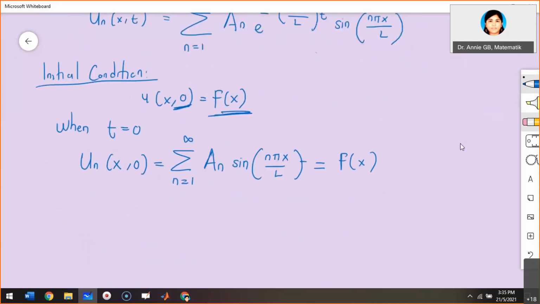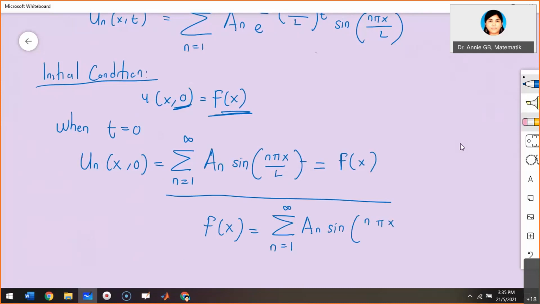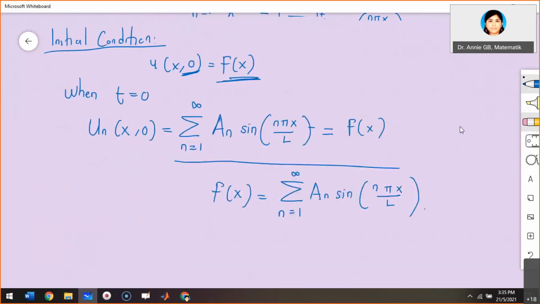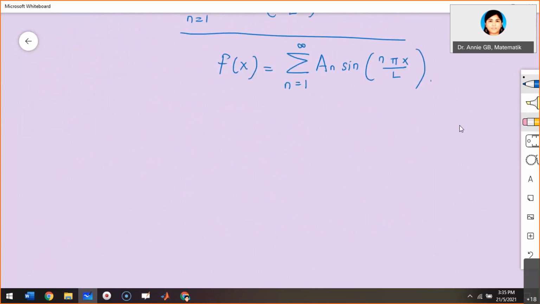So now what I can say here, f(x) equals summation n equals 1 to infinity a_n sine n pi x over L. Okay, now how to solve this? What is a_n? That's my question.